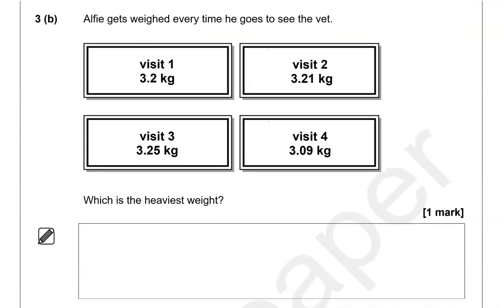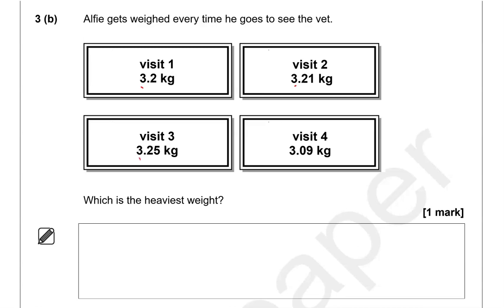Alfie gets weighed every time he goes to see the vet. Which is the heaviest weight? So we've got visit 1, 3.2 kilograms, visit 2, 3.21 kilograms, visit 3, 3.25 kilograms, visit 4, 3.09 kilograms. First of all, we'll look at the first digit.